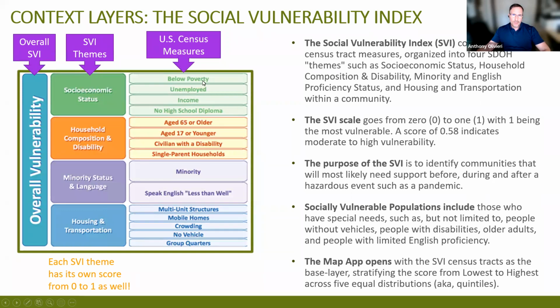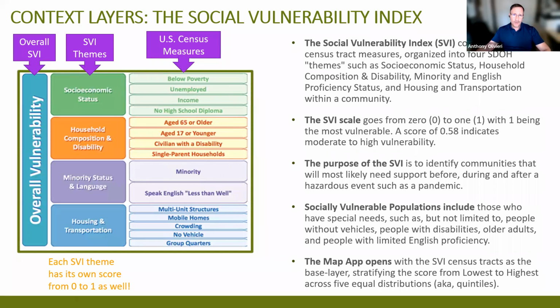And we have 15 of these census tract measures, which are incorporated into each of these themes. So these green items are incorporated into socioeconomic status. These orange items are incorporated into household composition. These 2 items are incorporated into minority status and language. If you were to map all these, it would get very cumbersome. If you had to map poverty and unemployment and minority status, and you wanted to map those who live in mobile homes, in one map, it would get very messy very quickly.